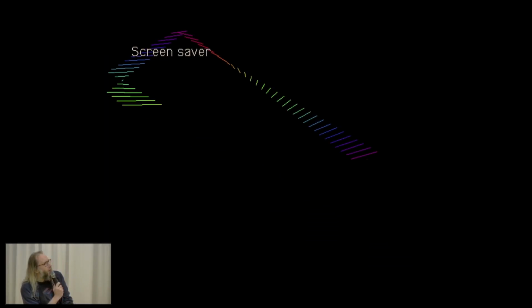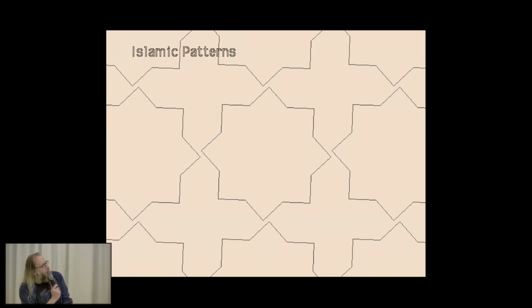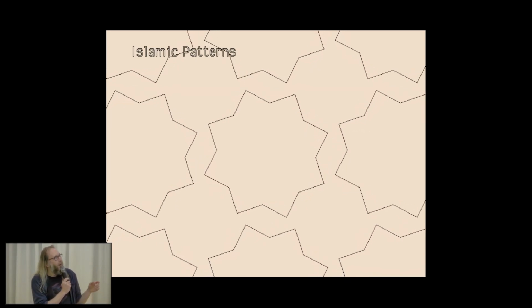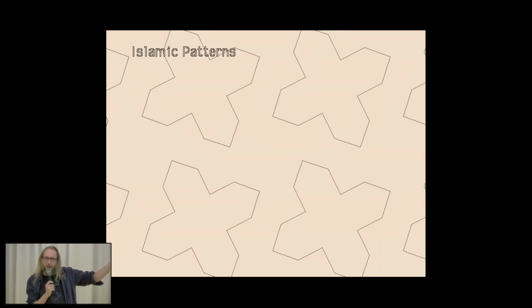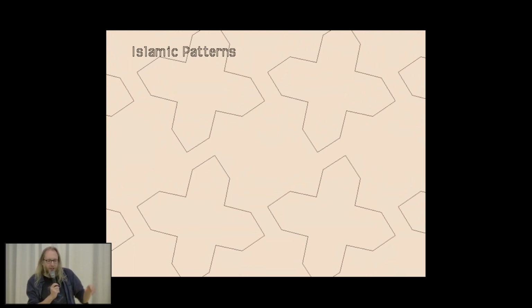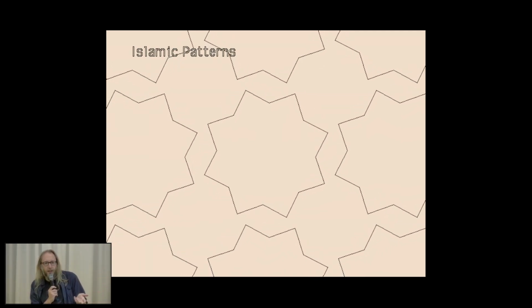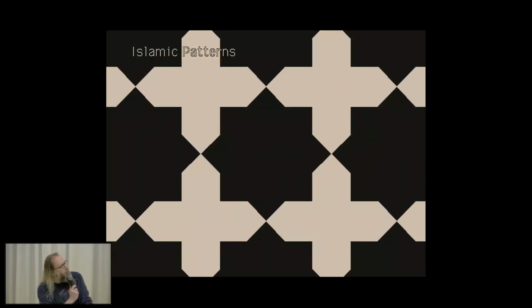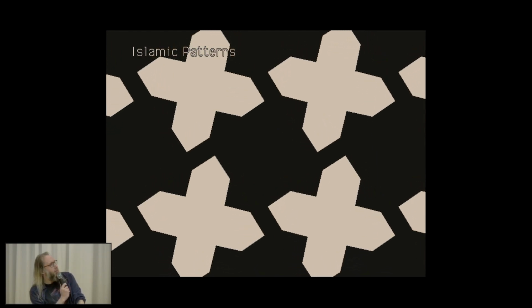And over time, we have to add more primitives. This one was fun. This is Islamic patterns, so we're playing with the positive and negative space effect of the rotating. But I felt it looked a bit weak just doing lines, and so I implemented filled polygons to give it more impact.